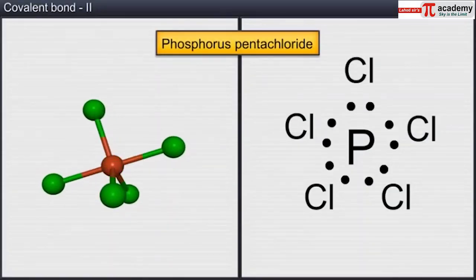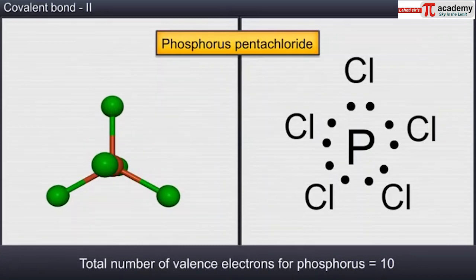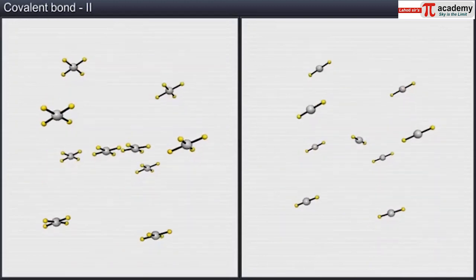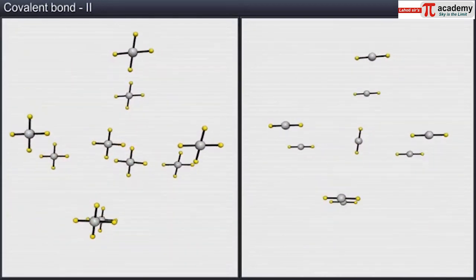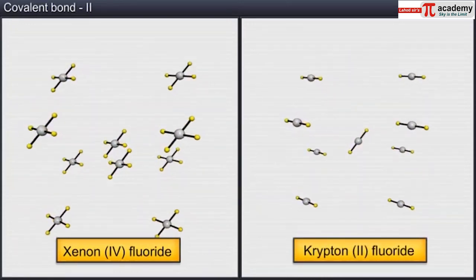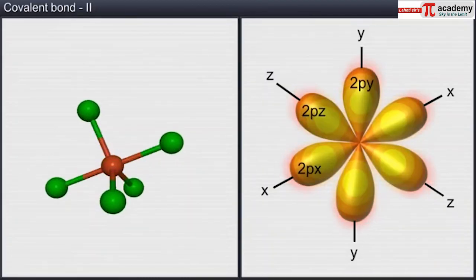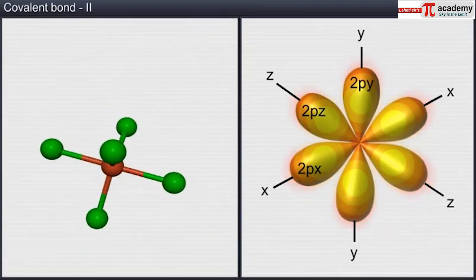The octet rule also does not apply to the molecules with expanded octets. Though the octet rule is based on the inertness of noble gases, some noble gases, such as xenon and krypton, react with other elements and form compounds. The octet theory also does not explain the shapes of molecules and energies of orbitals.